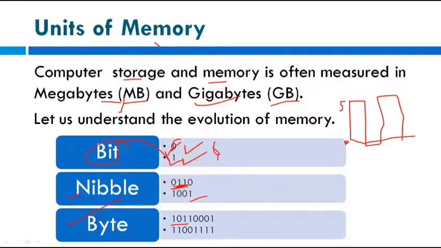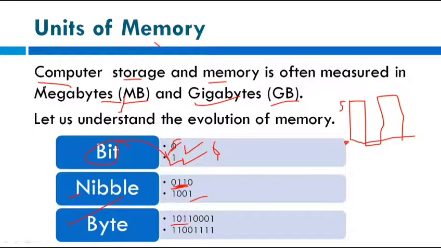This is restricted to computers, but when we talk of machines which have higher storage and memory capacity, like imagine a machine of Amazon or Flipkart or Yahoo, where there is going to be lots of data which we cannot even imagine, a small computer will not be sufficient to save that much data.